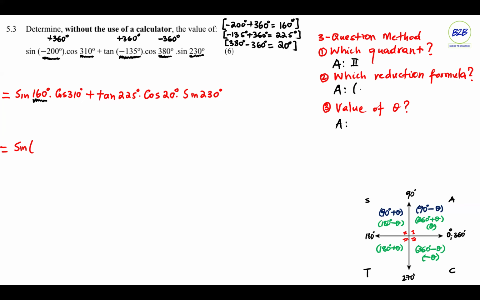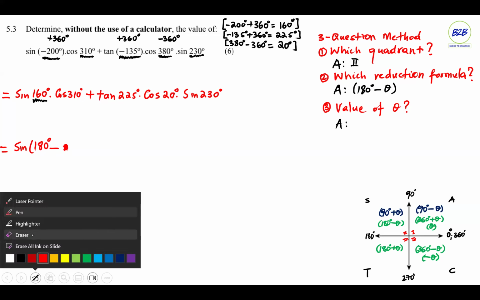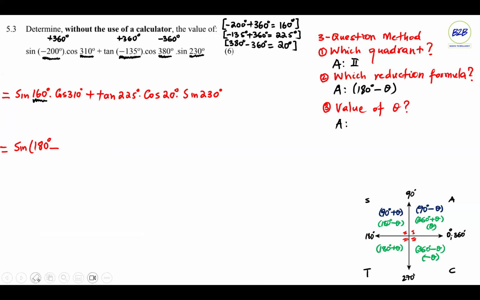In this case, we will use 180 degrees minus theta. So when we are at the second step, we can come here and say, oh, okay, 180 degrees minus theta. But what is my theta? What is this angle that I can subtract from 180 degrees to get 160? I think we have seen that before. That is 20 degrees.